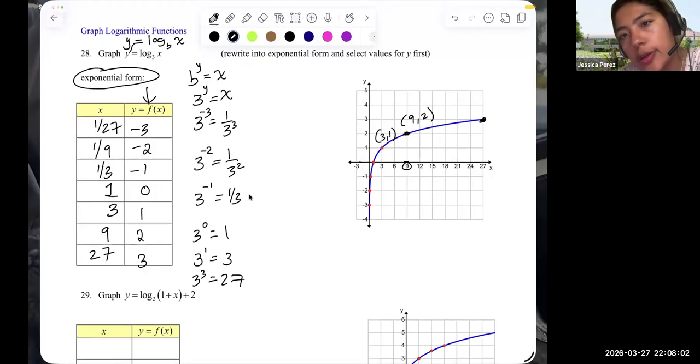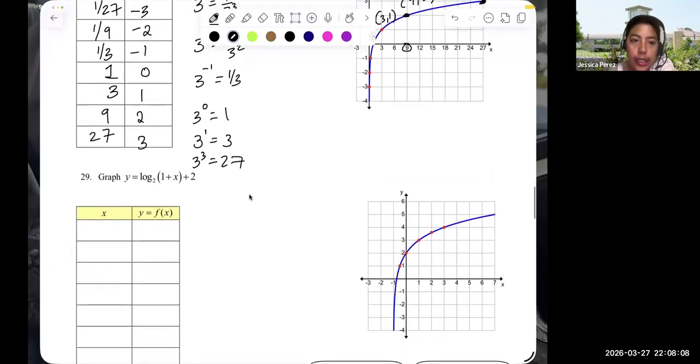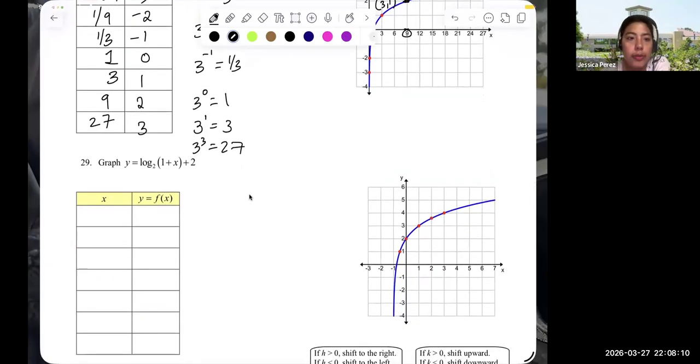So then I notice a difference of log base 3 of x. Now for 29, 29 is a little bit different. You're more than welcome to graph this on your calculator. But as I mentioned, what you're doing now is choosing the values for y that will be satisfied here.